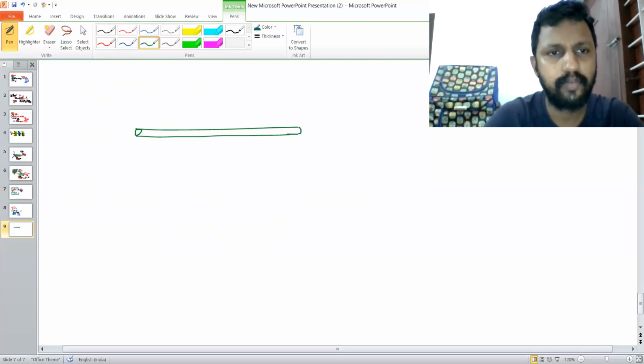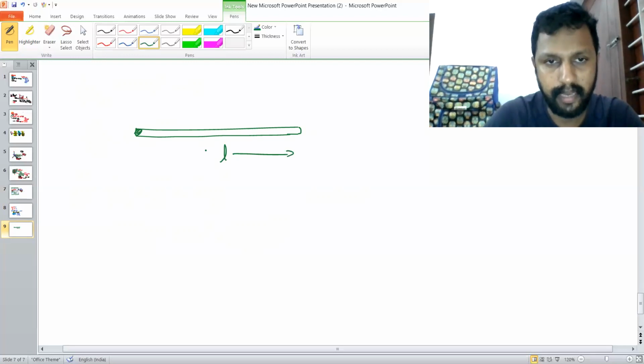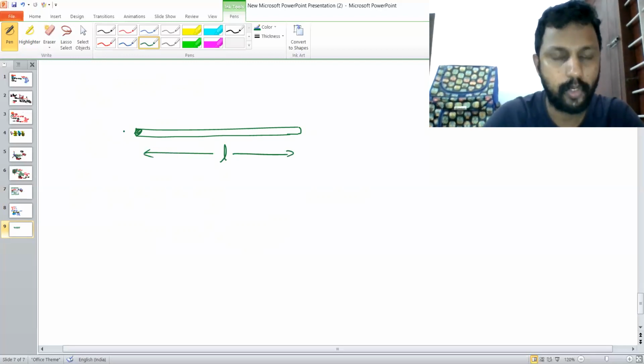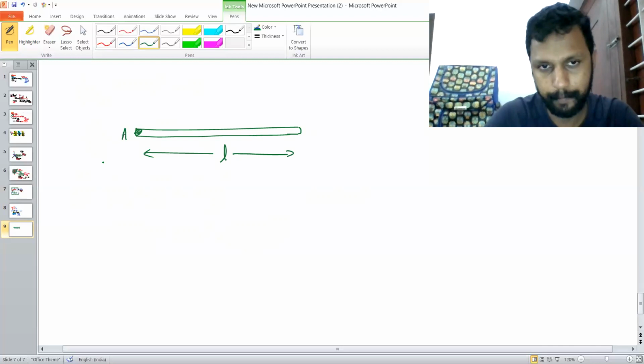Let us assume that we are having a current carrying conductor like this. Let the length of the current carrying conductor be L and the cross-sectional area be A.